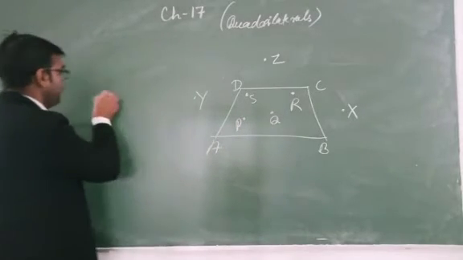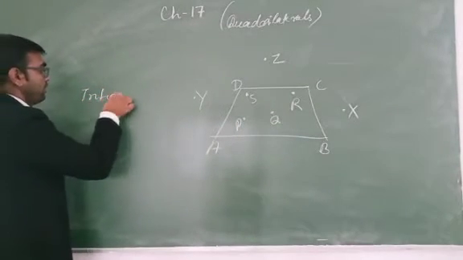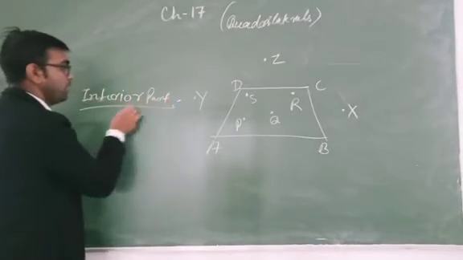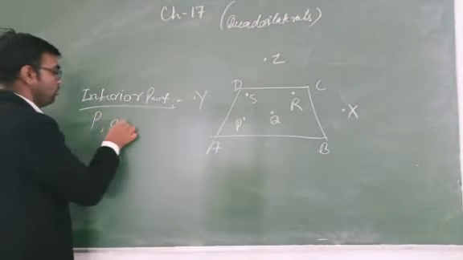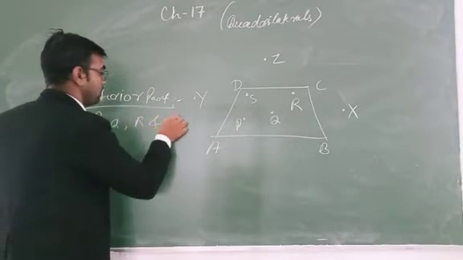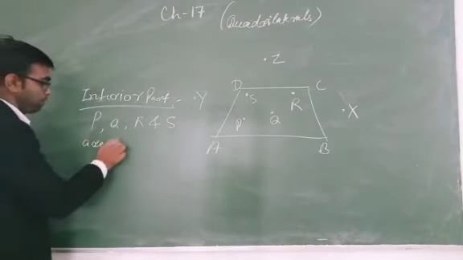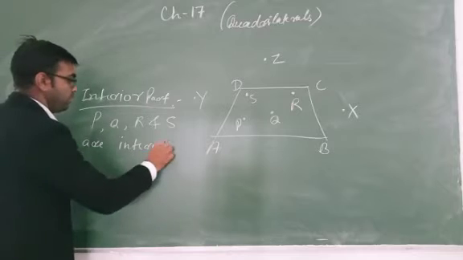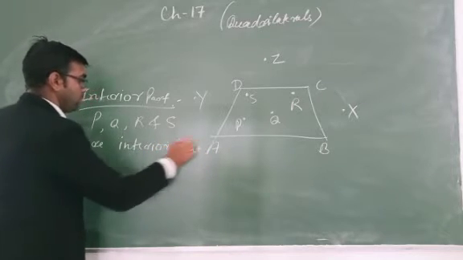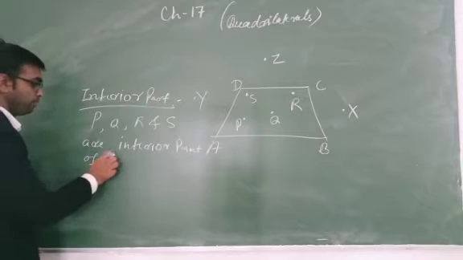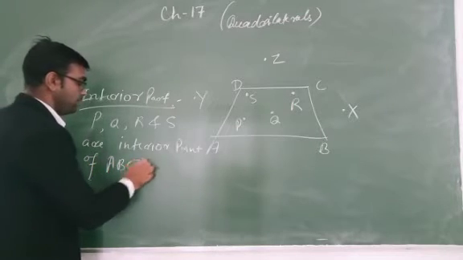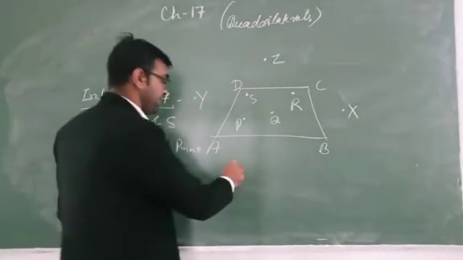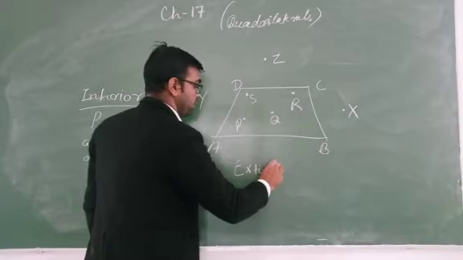So P, Q, R and S are interior points of quadrilateral ABCD, and X, Y, Z are exterior points.